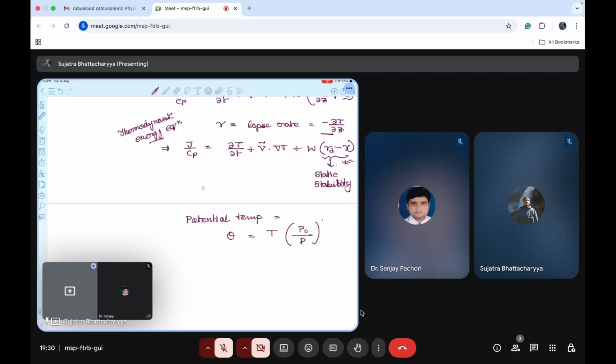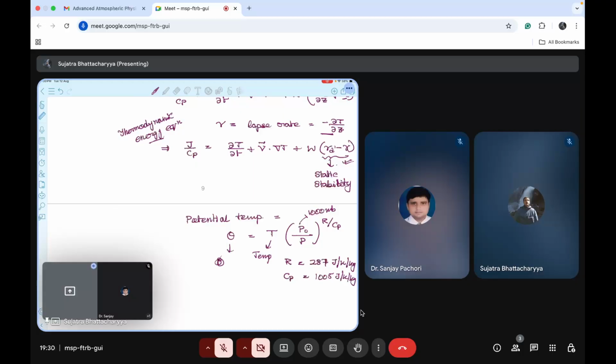This R is nothing but 287 joules per Kelvin per kg, and Cp for dry air is taken as 1005 joules per Kelvin per kg. This theta is the potential temperature, and T is the dry air temperature. P naught is generally 1000 millibar or 1000 hectopascals.